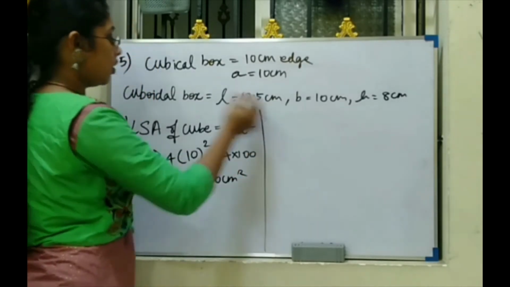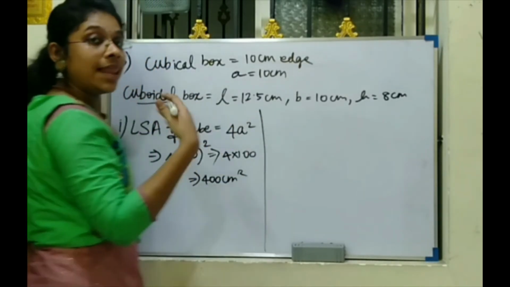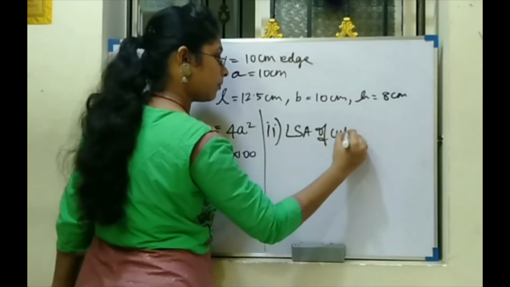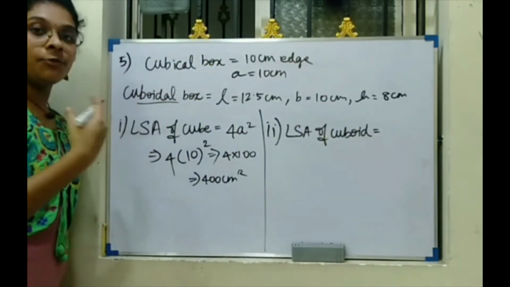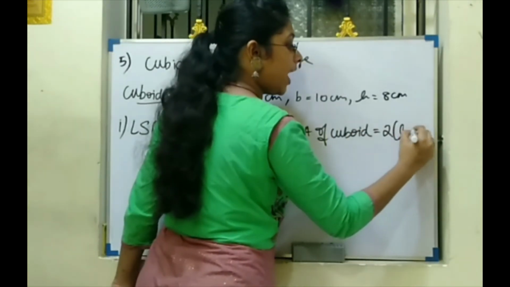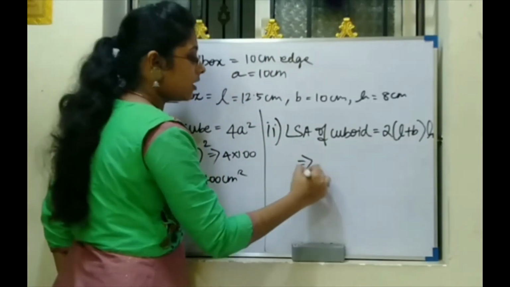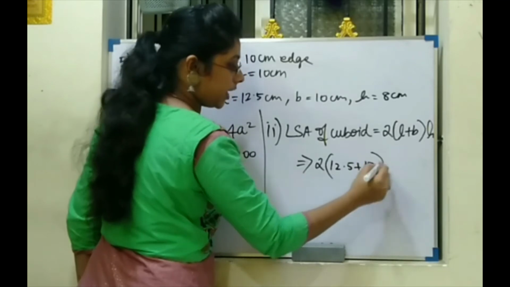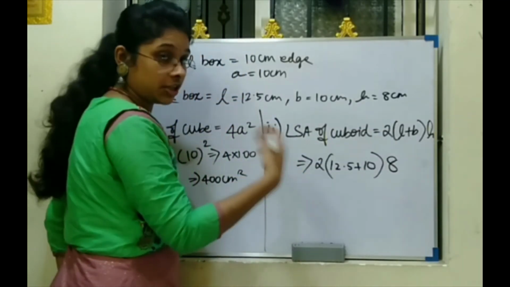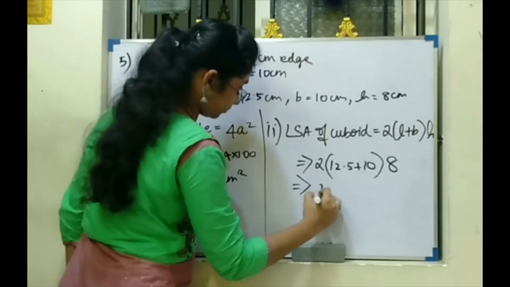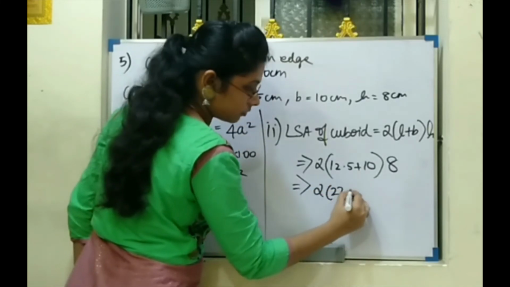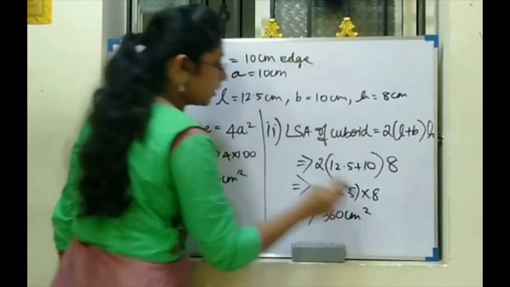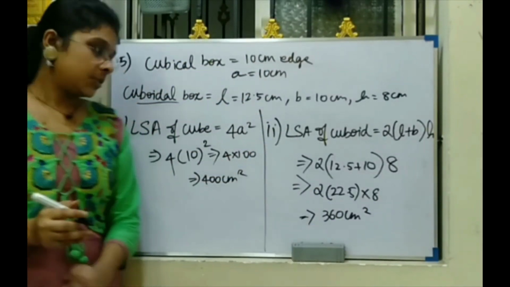Now let's move on to the cuboid. What is the formula for LSA of cuboid? LSA of cuboid is equal to 2 into (L plus B) into H, where L is equal to 12.5 plus B is equal to 10, into H is equal to 8. So therefore, LSA of cuboid is equal to 360 centimeter square.